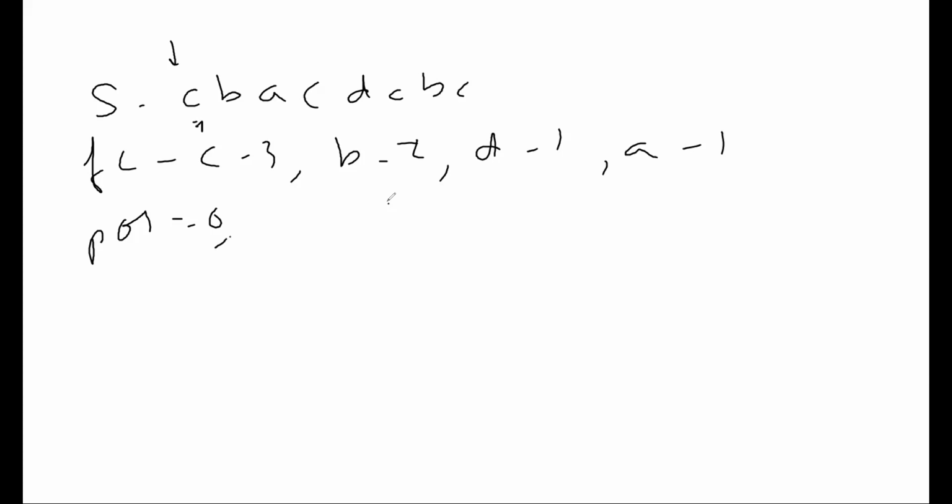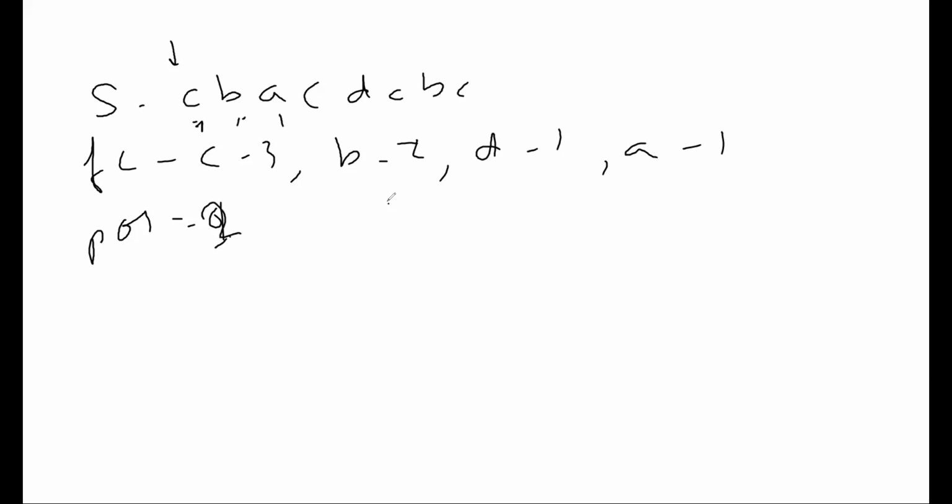If I go from C to B, my C is greater than B, so I'll increment my position to 1. Similarly, if I go from B to A, this will be 2, correct? So now this is the least position. We cannot go more than that.